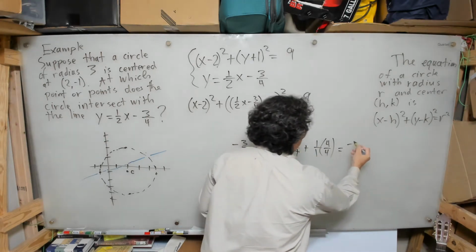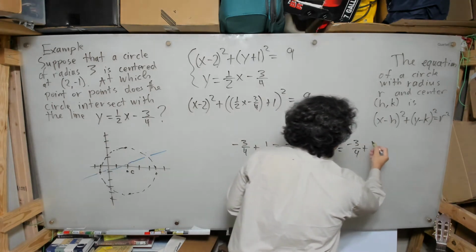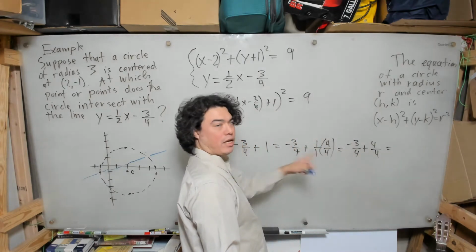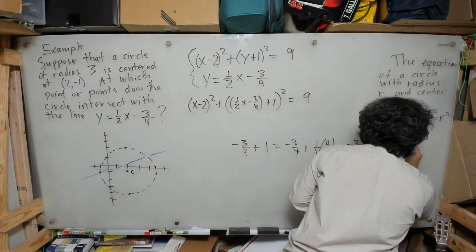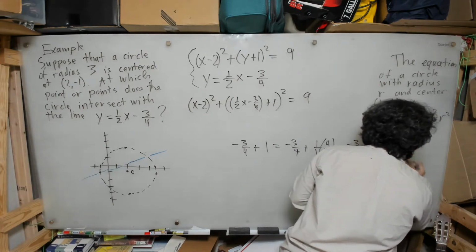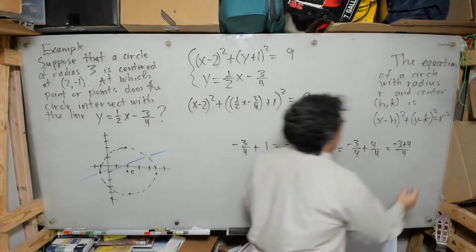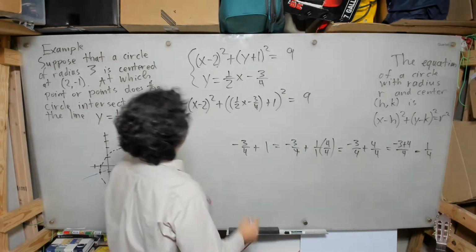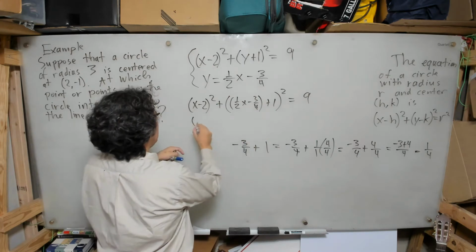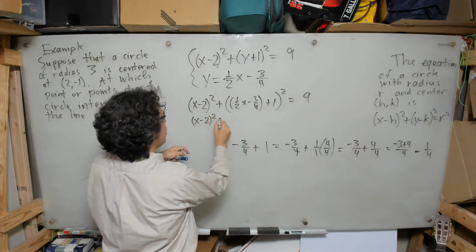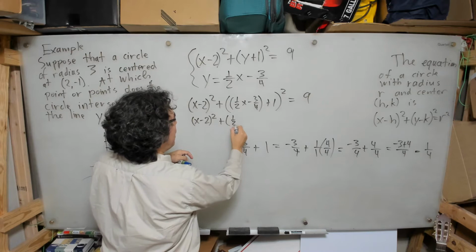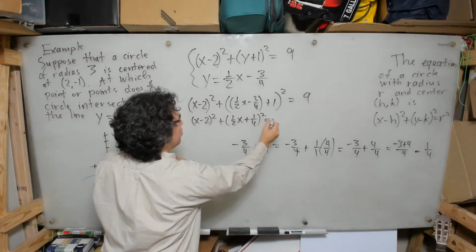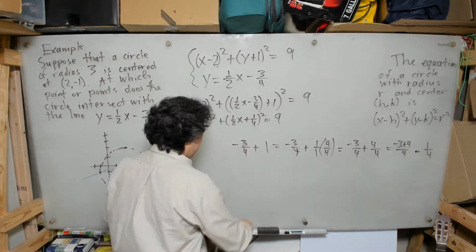That's going to give me negative 3/4 plus 4/4. And once I have the same denominator, I can just add the numerators. Negative 3 plus 4 over 4, which will be positive 1/4. So I can rewrite this equation as x minus 2 squared plus 1/2 x plus 1/4 squared equals 9.